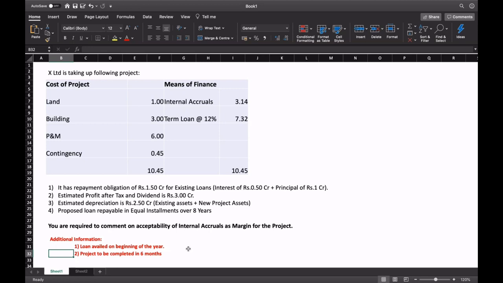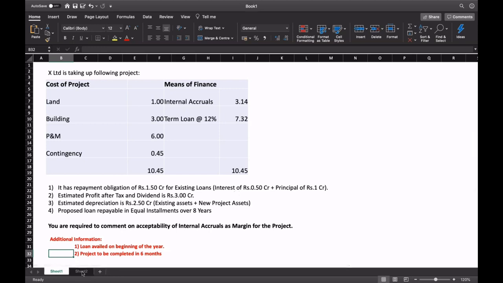So if the loan is availed in the beginning of the year, let's say on 1st April, and the project is completed in 6 months, that is 30th September, we have to look more at that first 6 months period, how they will manage the margins, because the margin is 3.14 crore. Whether they will have sufficient margin at that point and whether they'll be able to service their existing loans, both have to be taken into consideration.